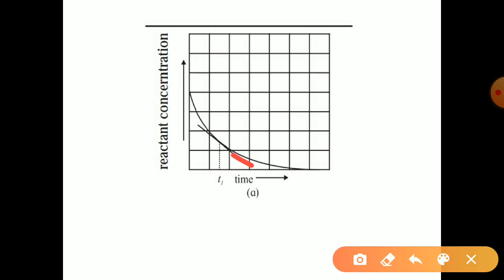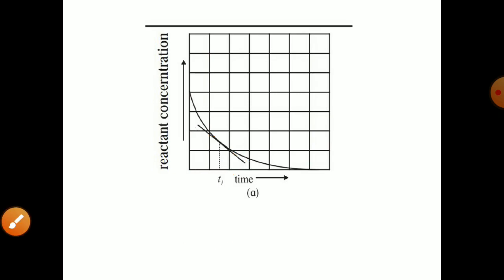So the negative slope is nothing but the instantaneous rate at time t.